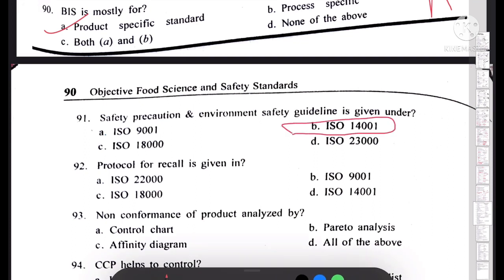The effective environmental management system ISO 14001 is the international standard that specifies requirements for an effective environmental management system. It provides a framework that an organization can follow, rather than establishing environmental performance requirements.